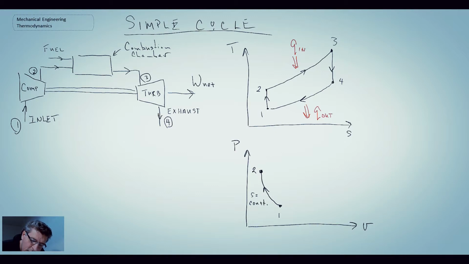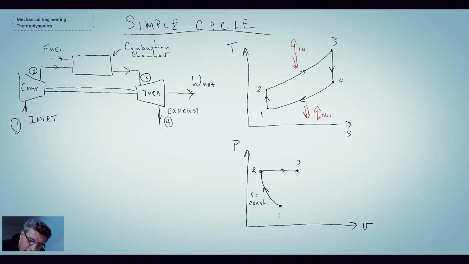So during isentropic compression, entropy is constant. We then go into what we will consider to be a constant pressure heat addition process, taking us to 3. In reality, we do have a little bit of a pressure drop in our combustion chamber. However, for simple analysis, we will assume that to be 0 pressure drop.